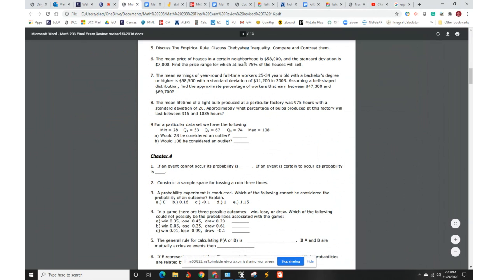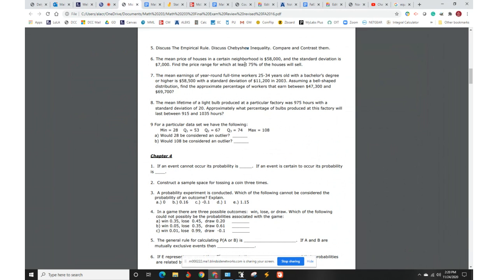So, if, see with this one right here where it says at least 75%, and again, here's another key thing that makes you know that you're dealing with Chebyshev because it has at least. All right, when you got that in there at least, that just means you're using Chebyshev. So at least 75%. So that's just one standard deviation for 75%, two standard deviations.